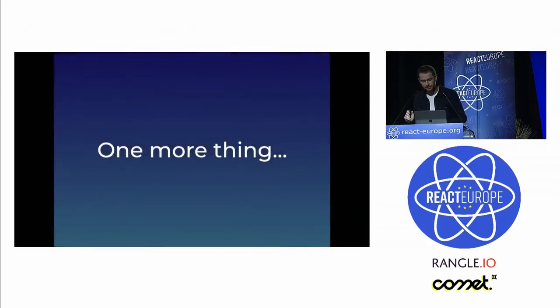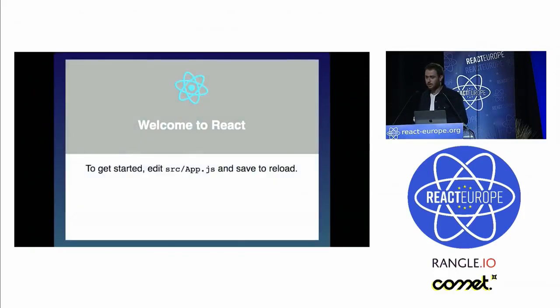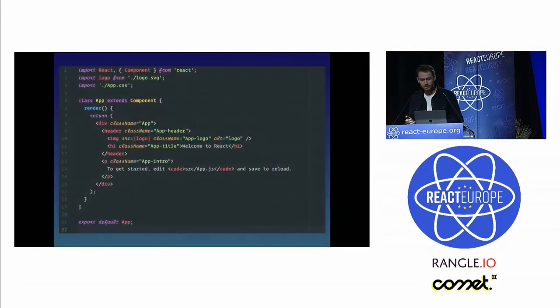And there is one more thing. You probably recognize this screen. This is the home of Create React App when you initialize a new project. And this is the file App.js from Create React App.